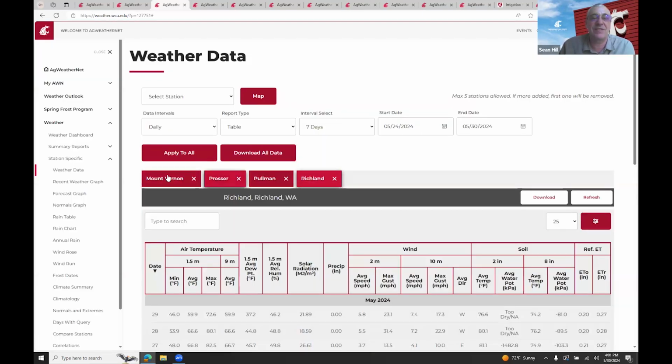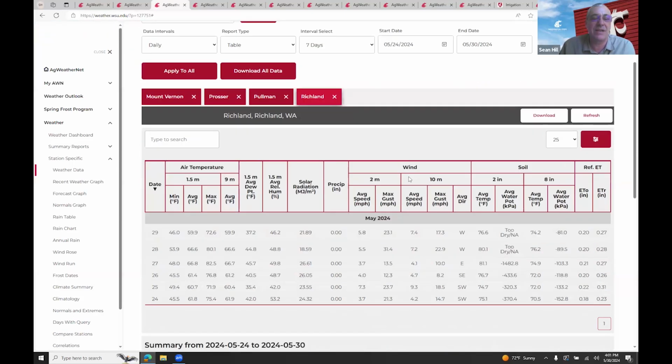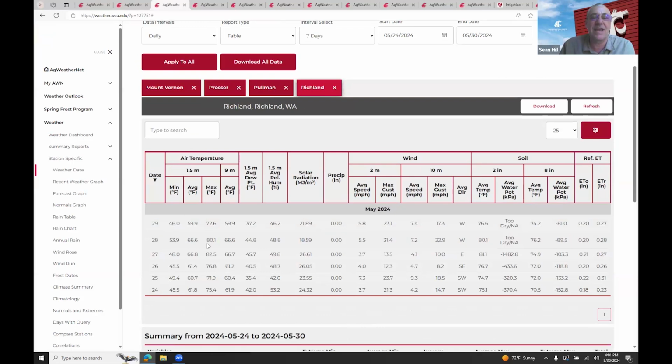After you have your station selected, which I already have, you can choose several options to look at the data. For water use, we're going to look at daily data specifically. You see that there are date ranges available and several quick date selection options. By default, we look at these 6 days ending in today.